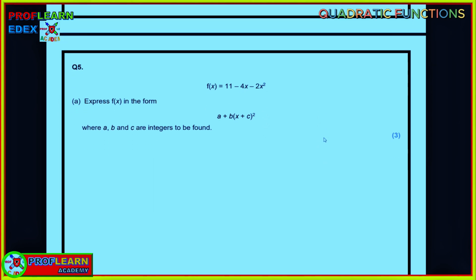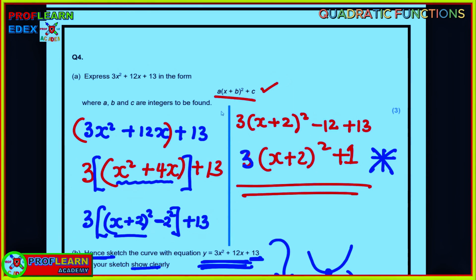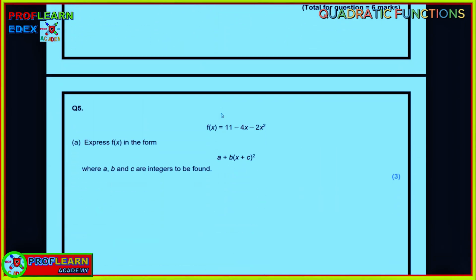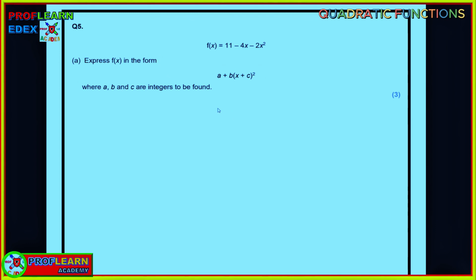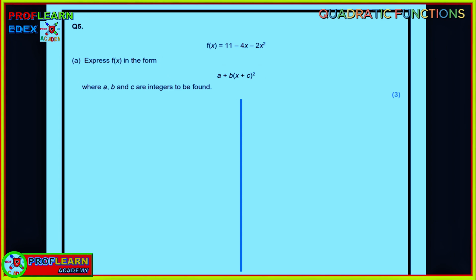All right. Question number 5. We are told express f of x in the form this. Basically, this is just like the question that we have done in this previous section. So maybe I would like you to just do it, work it out, and write your answer in the comment section. I check whether it's correct.